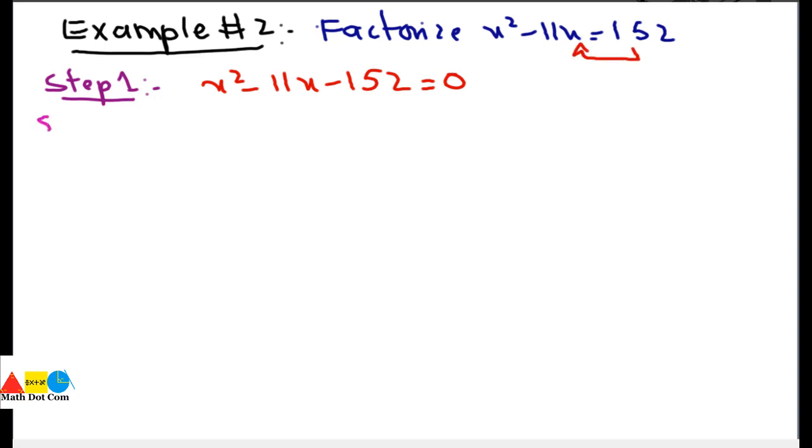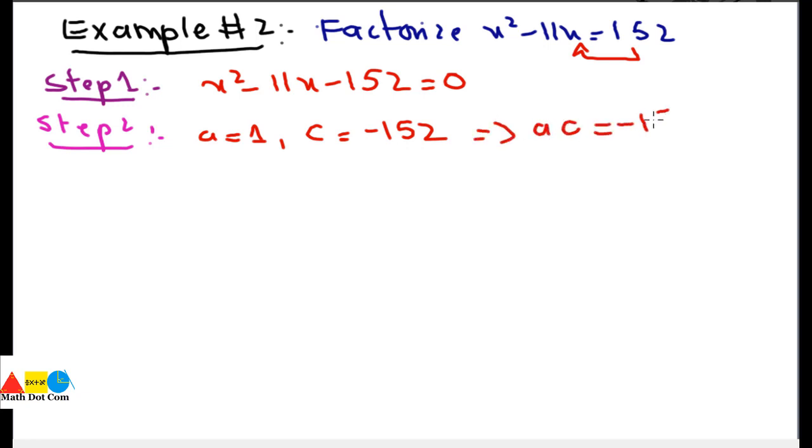Step number 2: first multiply a and c. Here a is 1 and c is minus 152, so ac is equal to minus 152. Now we have to find the factors of 152 so that we can add or subtract them to get 11.